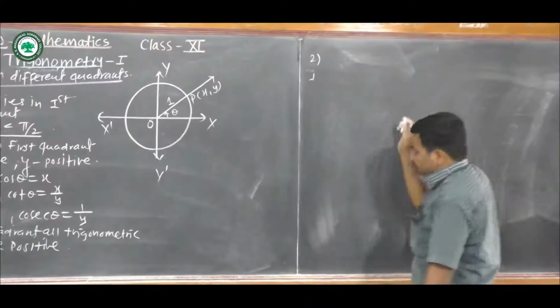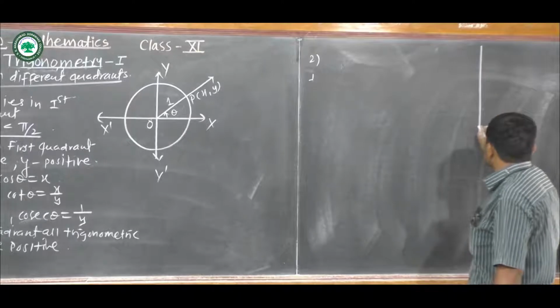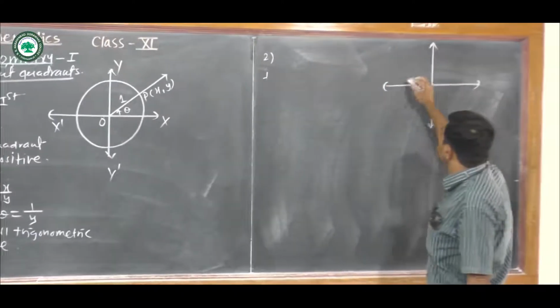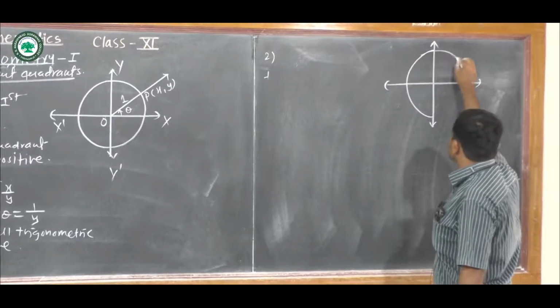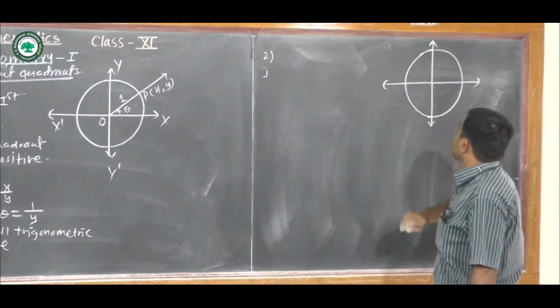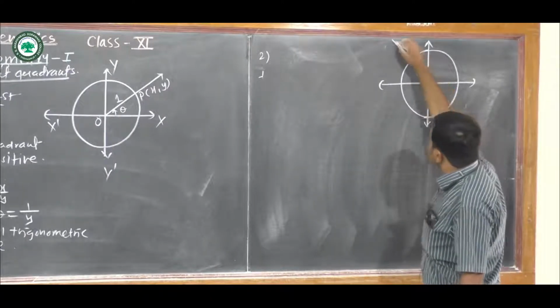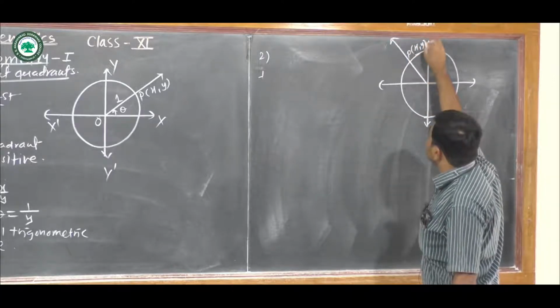Second quadrant, you know that in second quadrant means your angle theta lies in second quadrant. If we consider a circle with center at origin and radius 1 unit, this is your point P whose coordinates are x comma y.